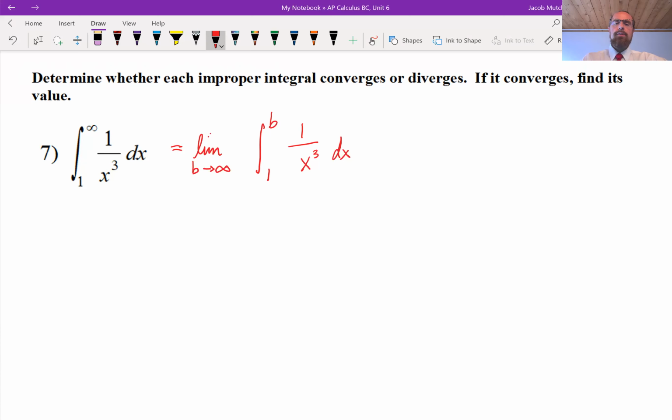So what I want to do now is actually evaluate this. So I'm going to take the integration of 1 over x cubed. So remember, I can think of that as x to the power of -3 dx. So looking for an antiderivative, that's going to be x to the -2, but then the exponent is going to come down as a -1 over 2.